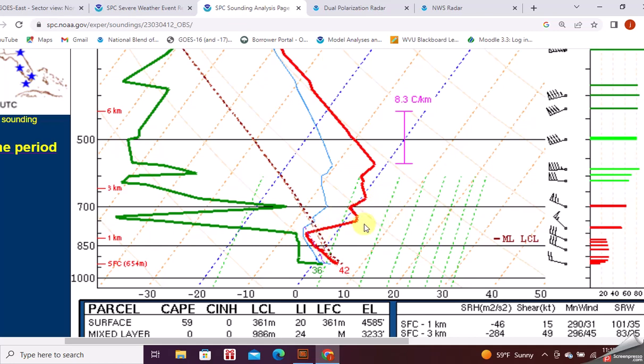Think about it. If I am coming down a mountain, I'm pushing an air parcel down. That air parcel is very stable, but I am still pushing it. It's going to want to bounce back to where it was, but it doesn't have the ability to do that like it would with unstable air. So when it tries to bounce back, it's going to come up and bounce to a certain point and then stop.